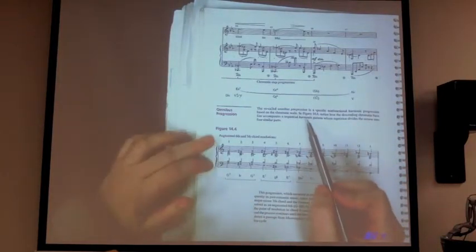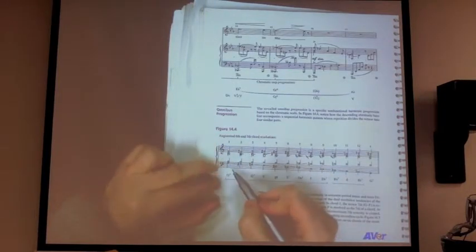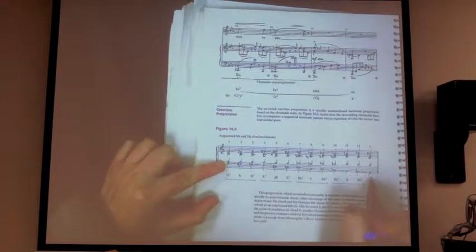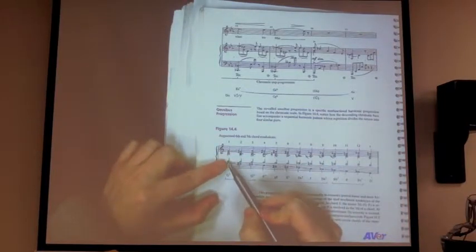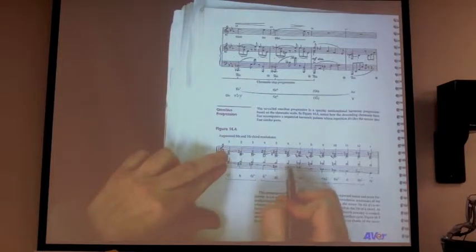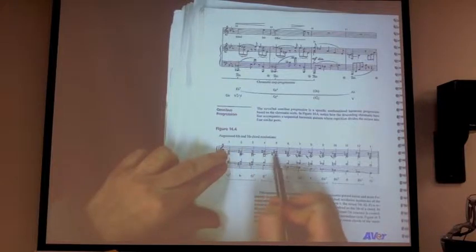So you can see, every note, sorry I popped these up here, you can see the bass line descends stepwise, and everything else stays, right? It maintains, except for the soprano, which is also moving up stepwise.